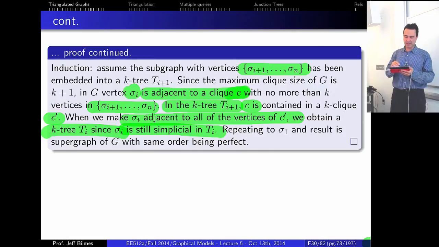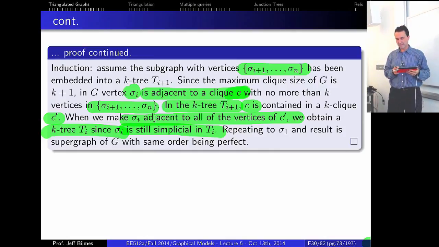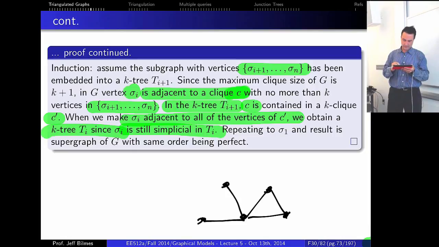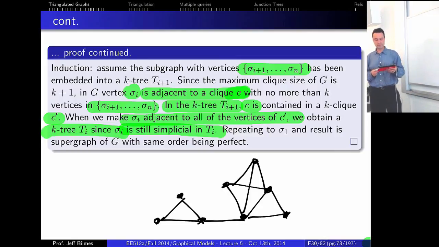So maybe an example would help a little bit, and let's see if I can think of one. Okay, so there's a triangulated graph, right?